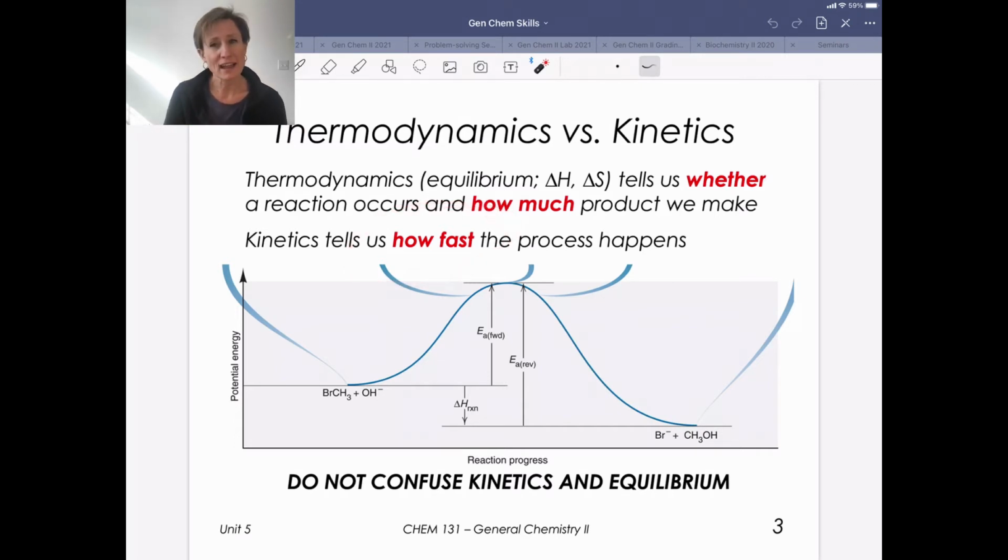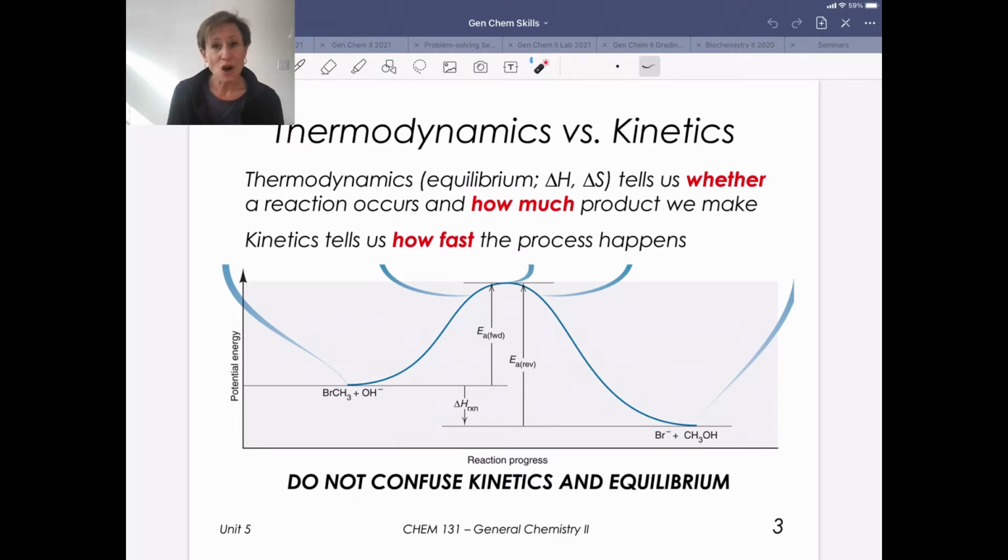Kinetics, as we had in our last learning unit, is about how fast something happens. Thermodynamics does not really tell us how fast something happens. It just tells us, if we give an unlimited amount of time for a reaction to proceed, will that reaction happen and how much product will we make? So don't confuse kinetics and equilibrium.